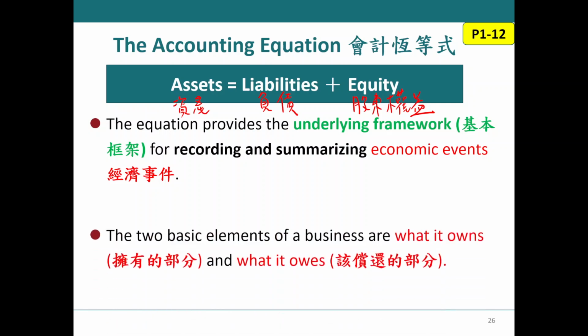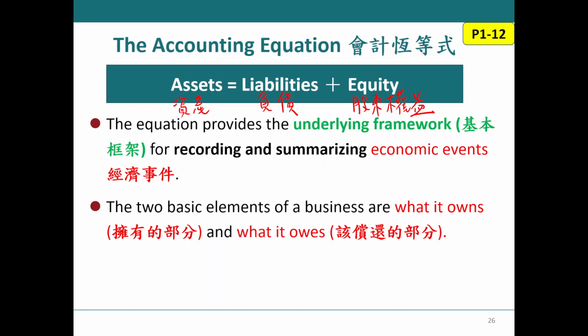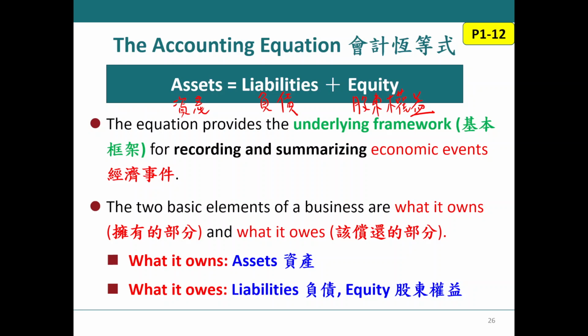This is assets. Assets tell you what your company had, what your company owned, okay? So what are liabilities and equity? Liabilities and equity tell you what your company owes, okay?